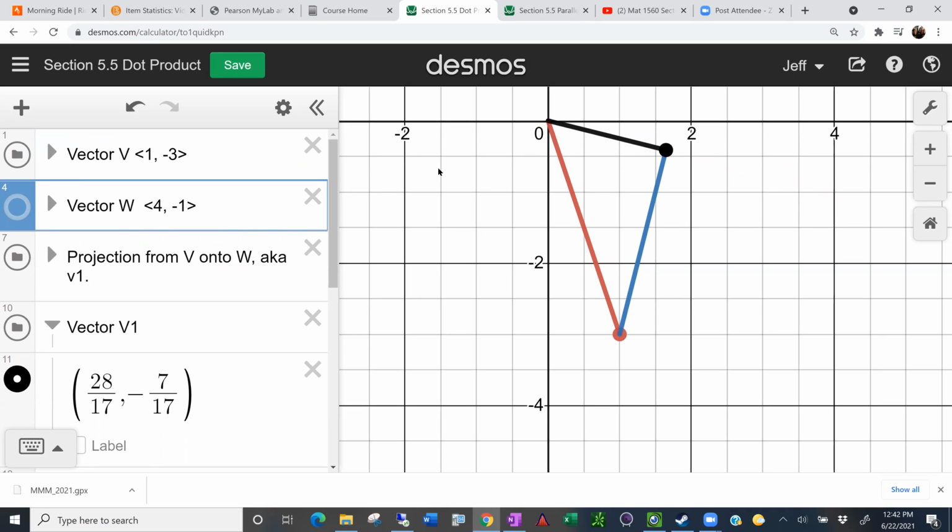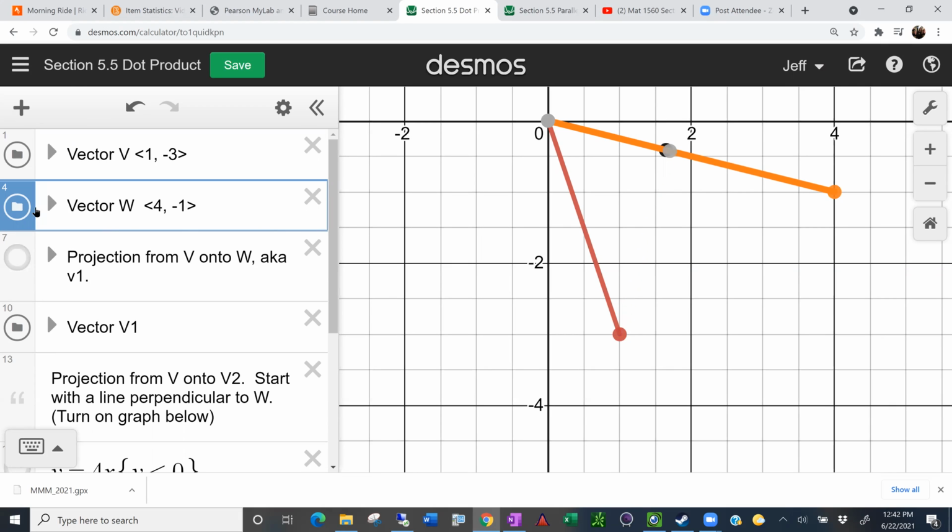It's just that little piece of vector W. Now let me shut off the projection part. I guess it makes a difference as to which one you turn on and off first. So shut that off, turn that on. Huh, okay. Well, vector V1 is just this little piece underneath vector W. It's not showing up so good on this one.